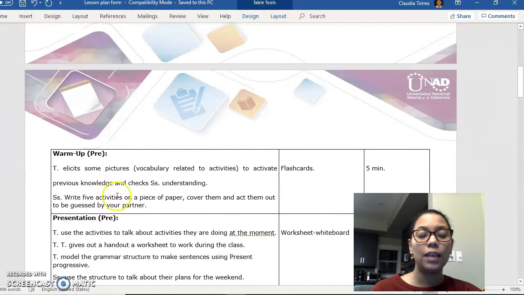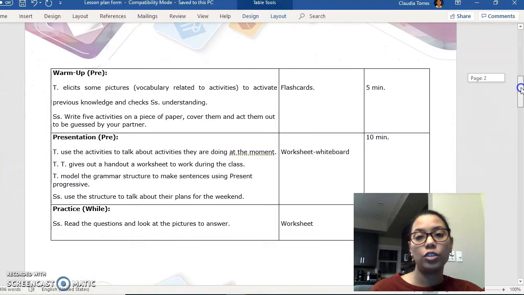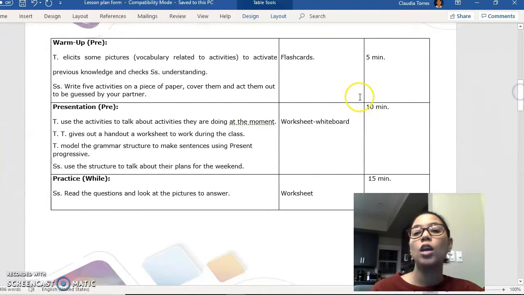So in this stage, I asked them to write 5 activities on a piece of paper, and they had to mime them out, to ask their classmates, I mean a partner, to guess what was the action. And at the same time, encouraging the students to talk about activities.